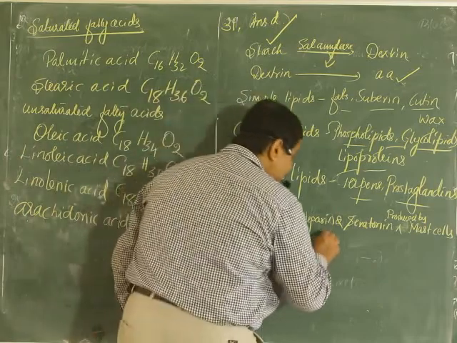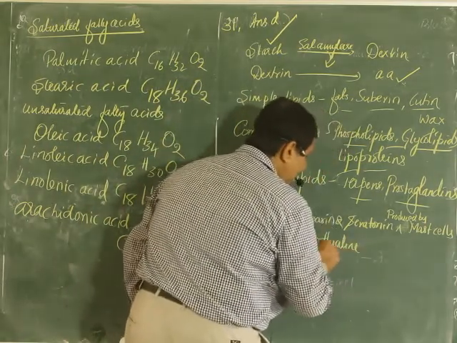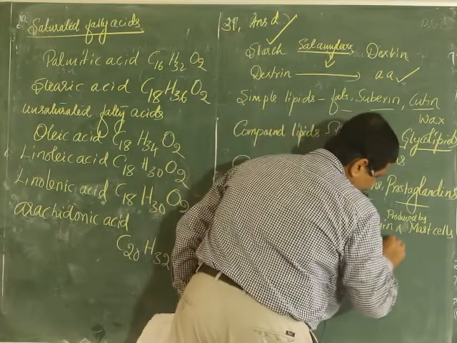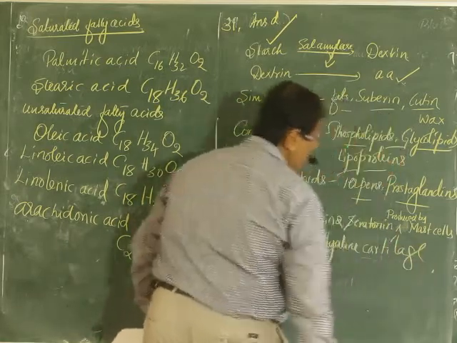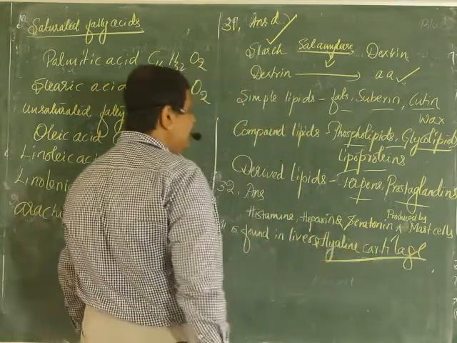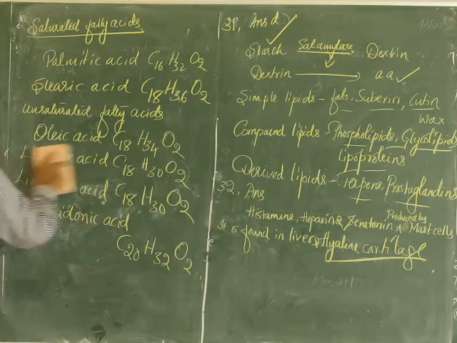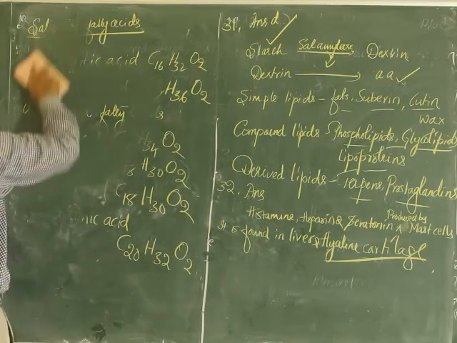And in hyaline cartilage. Hyaline cartilage is also called blue cartilage or glass cartilage. Okay.